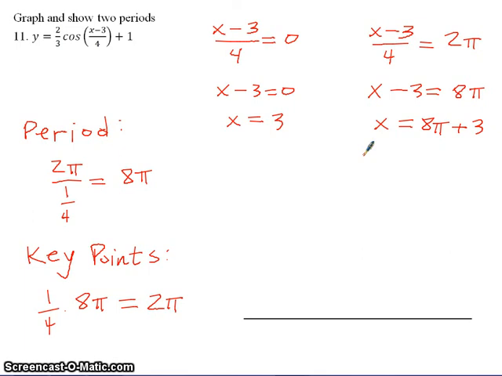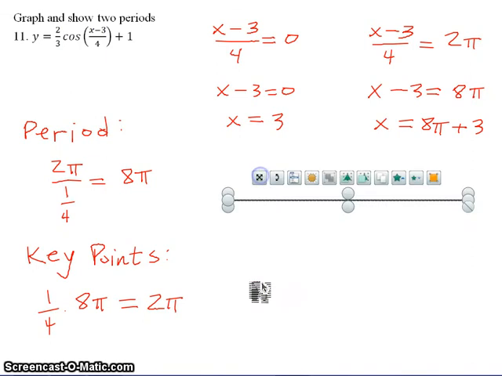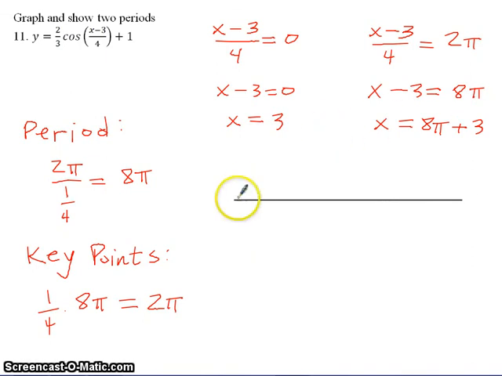So let's go ahead and set up our axis system. At the front here, we're going to have a 3, and then let's go all the way to 8 pi plus 3, and we're going to go in quarters.